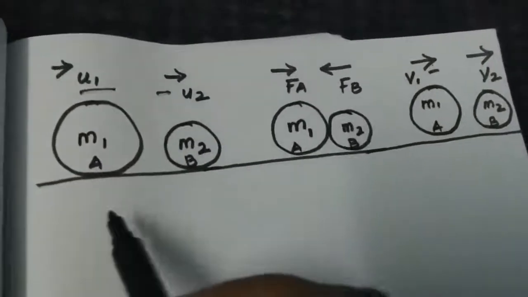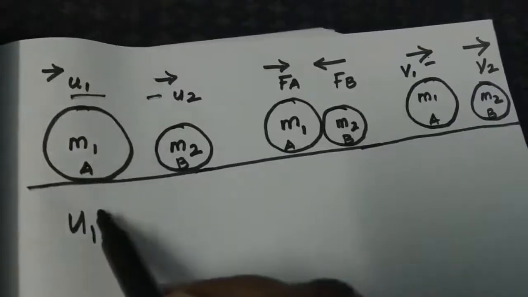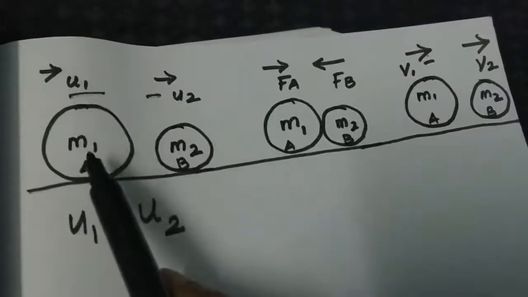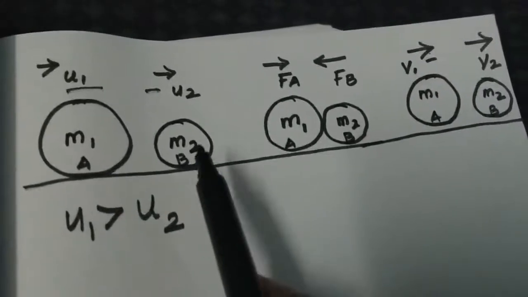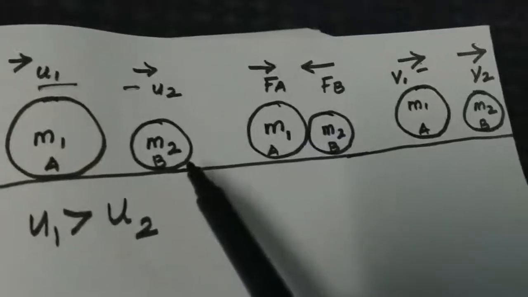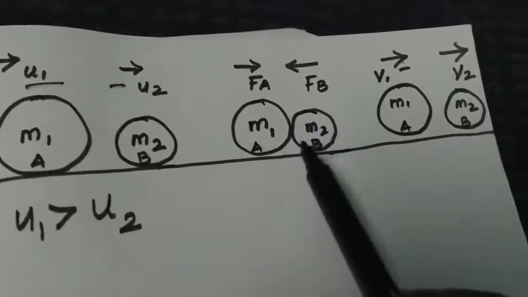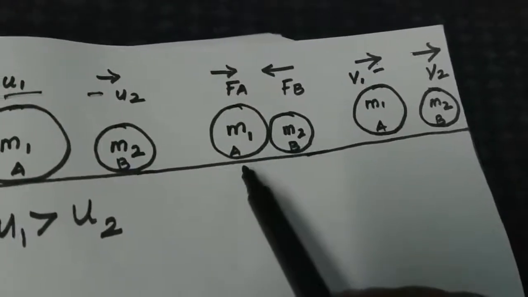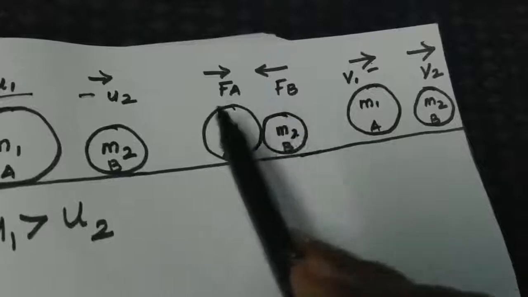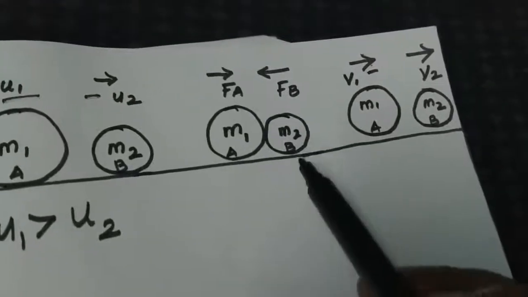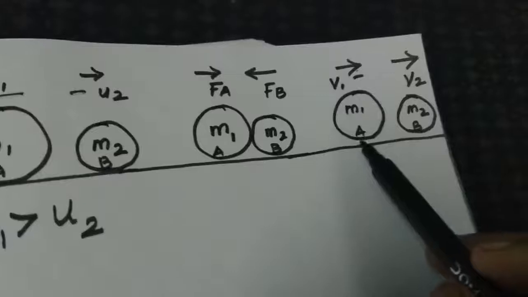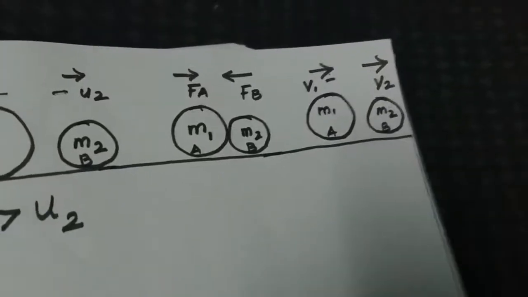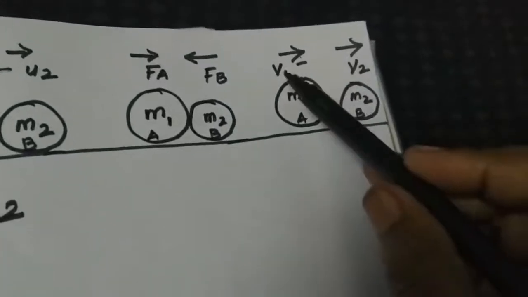Here u1 is greater than u2, so m1's velocity is greater than m2's velocity. After a short time interval, both masses m1, m2 collide with each other with forces Fa, Fb, and then they move along a straight line with the velocities v1 and v2.